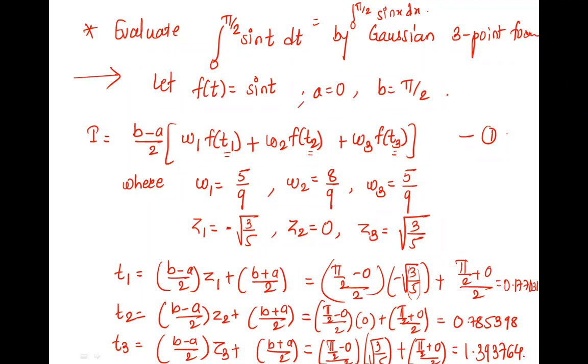Okay, so we get here T1, T2 and T3. So we can put them now in equation number 1. Therefore 1 becomes I is equal to (B minus A) that is (pi by 2 minus 0) by 2, into W1, 5 by 9, into F of T1.